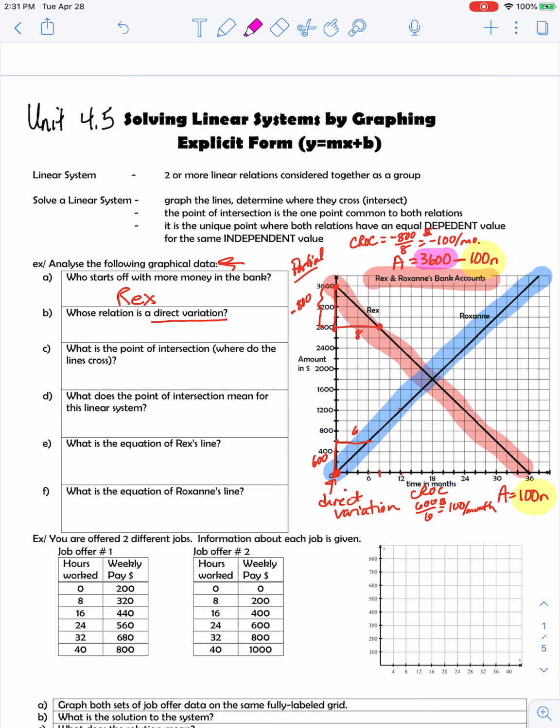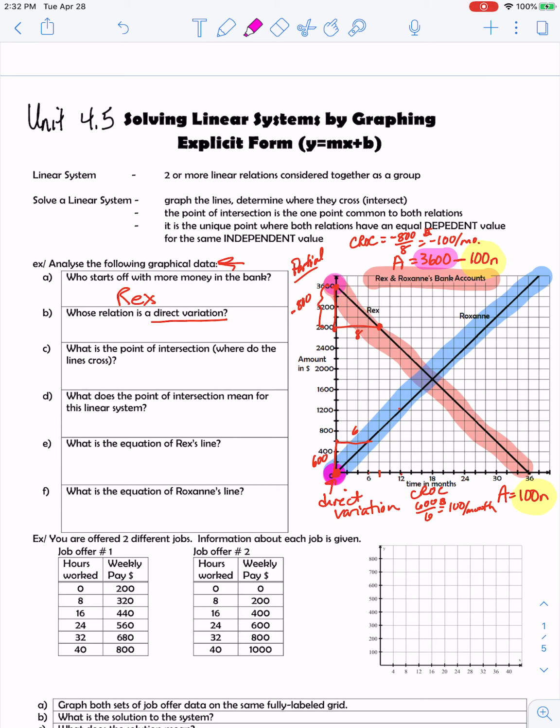Roxanne's starting value, right at the beginning of the graph, is 0. So that's called direct variation, and with Rex, he's called partial variation. Variation because there is multiplication going on, but it is partially all multiplication. There's just that little bit of addition or subtraction.